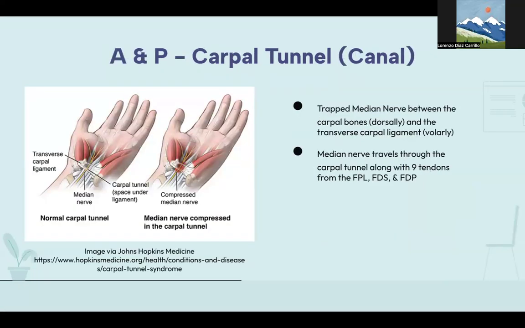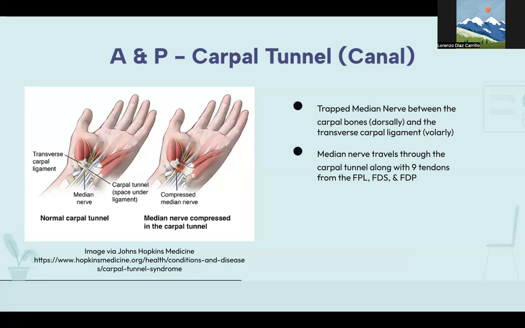So let's look at the canal specifically. In this image on the left, brought to you by Johns Hopkins, you can see the transverse carpal ligament. You'll often see this abbreviated to TCL in charts. That ligament, going transversely, is forming the roof of the carpal tunnel.